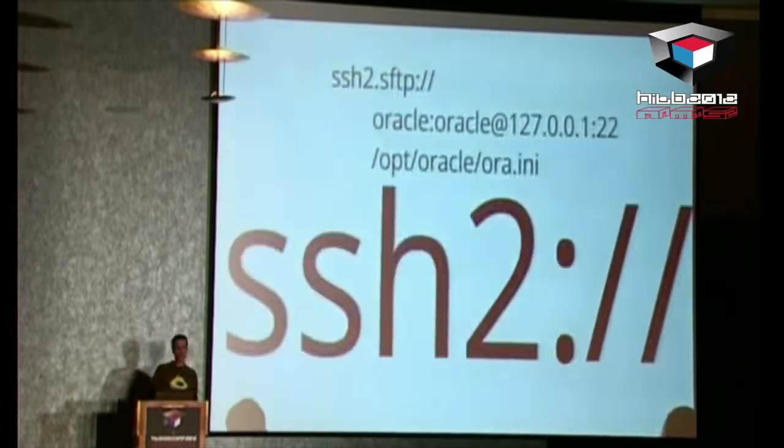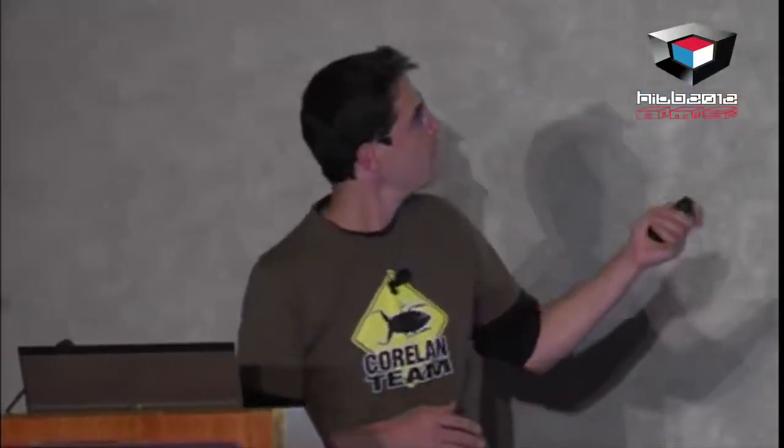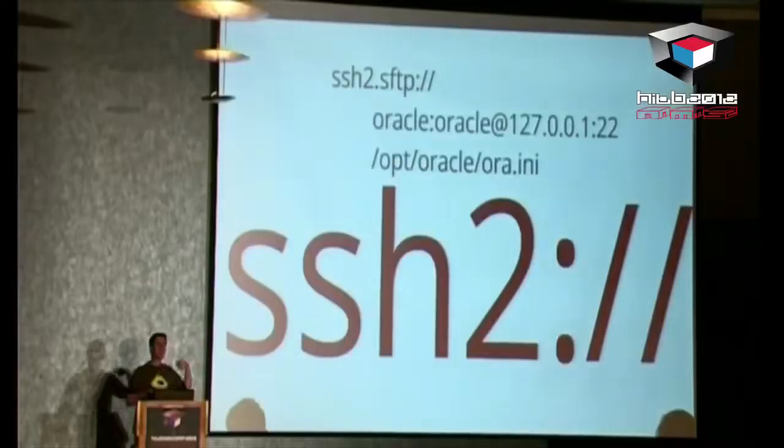And you can also use SSH2 to access the local machine or some internal other machine. You only need to find a weak username and password. So I'm using Oracle. Why? I don't know. And you can use this trick to read files on other machines.